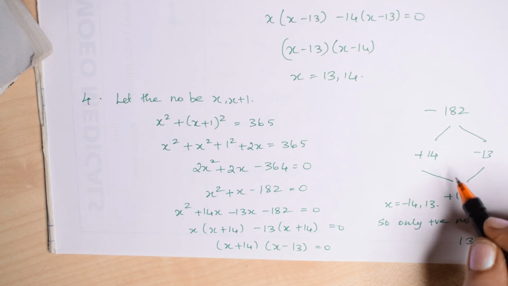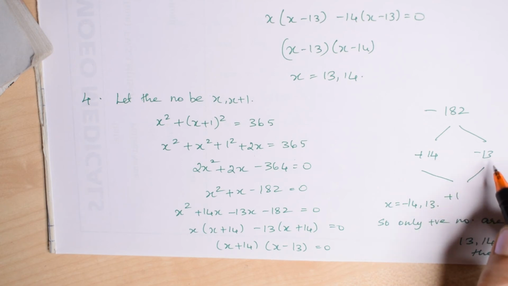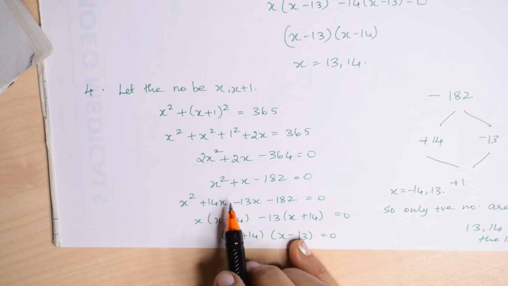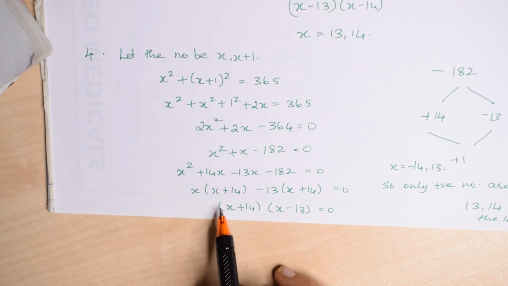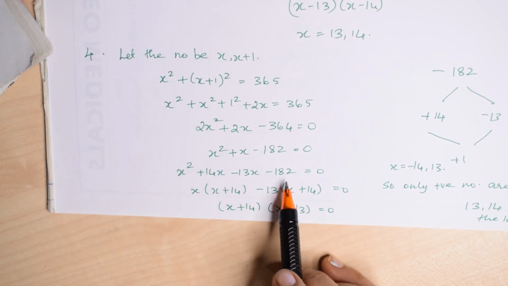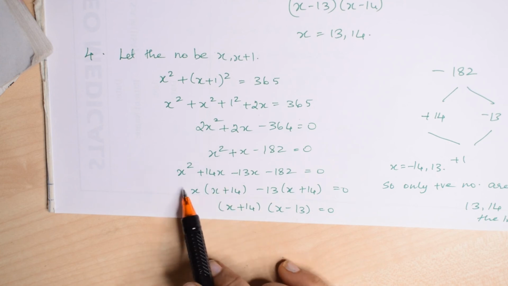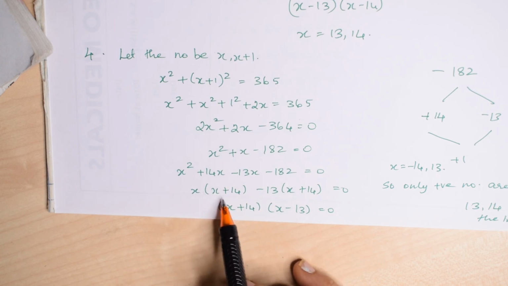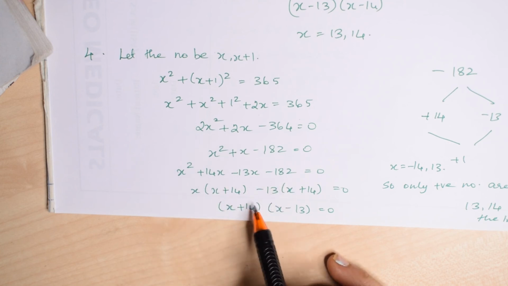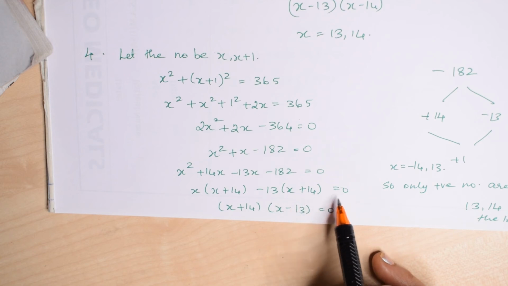Okay, so the numbers are plus 14 and minus 13, and when I split it, the equation becomes x square plus 14x minus 13x minus 182. Common term is x, taken outside, x plus 14, minus 13 is taken outside, x plus 14 is equal to 0.